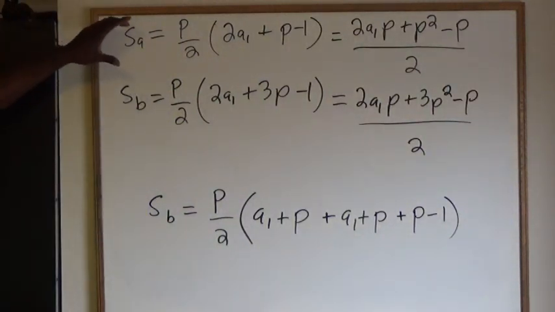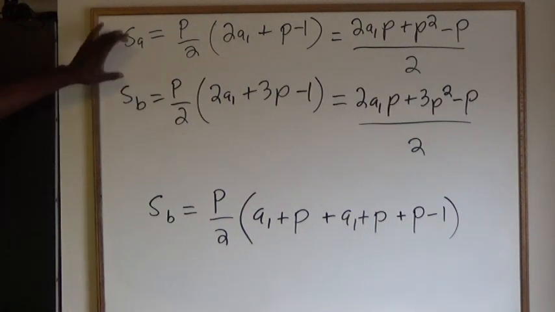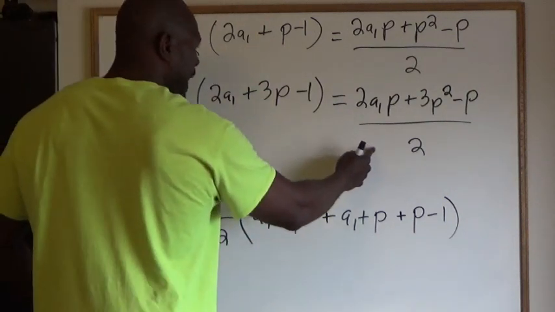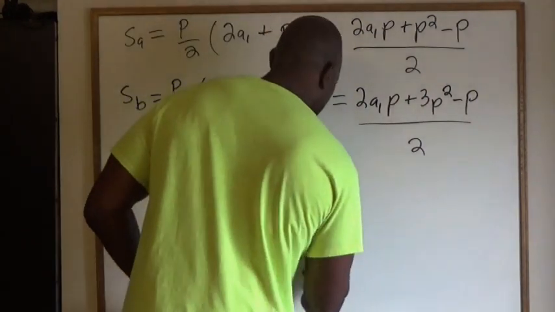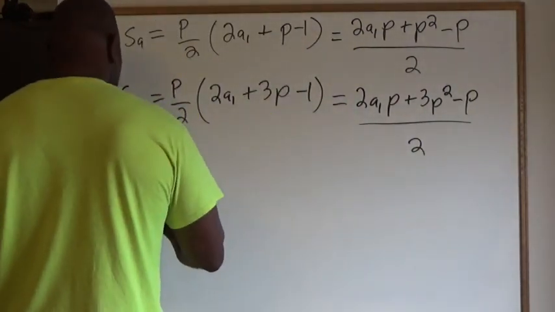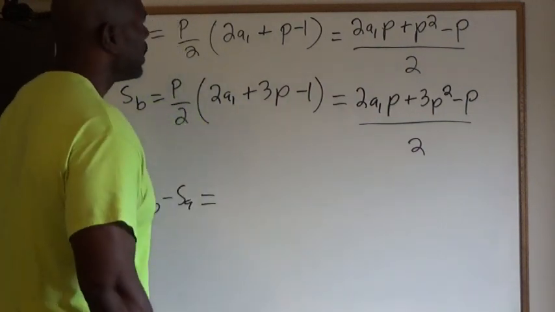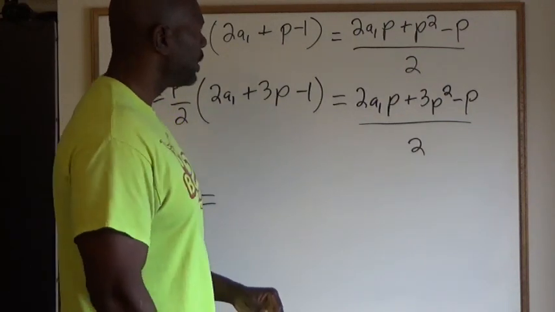So we're trying to see if SB minus SA is P squared. So we're doing this guy minus this guy. So let's see what happens. If I'm subtracting, they have common denominators, so we can easily just subtract.